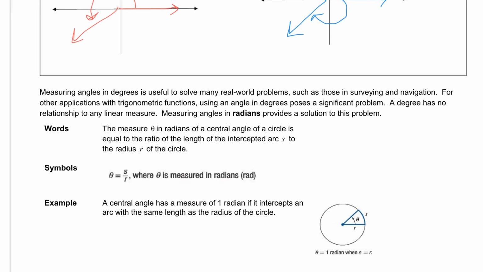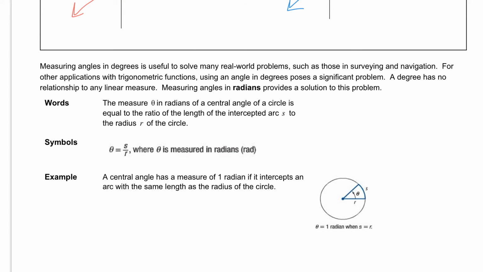Underneath that, it says measuring angles in degrees is useful to solve many real-world problems, such as those in surveying and navigation. For other applications with trig functions, using an angle in degrees poses a significant problem. A degree has no relationship to any linear measure. Measuring angles in radians provides a solution to this problem.